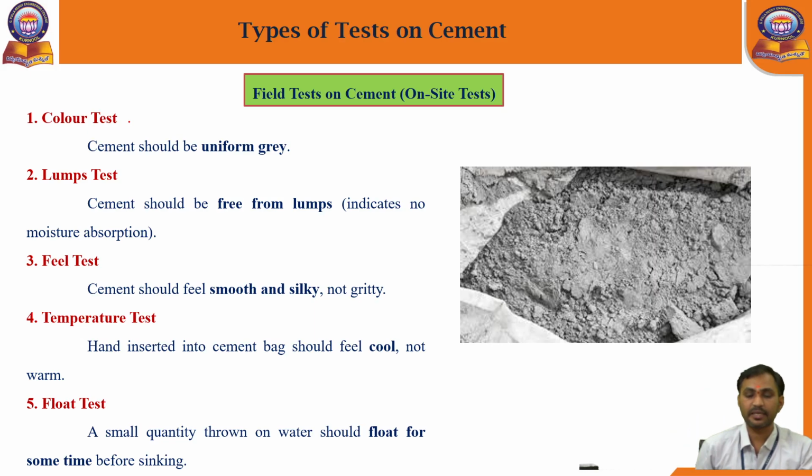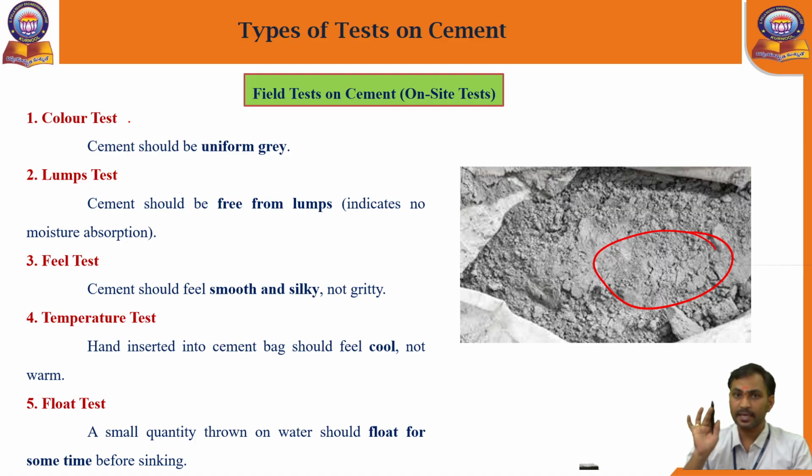First one is color test. You observe in this image, the cement should look like a uniform gray color. It should not look black. It should not look greenish. Most cements should look like a uniform gray color. If it is turning into black color, it indicates a reduction in the manufacturing process.